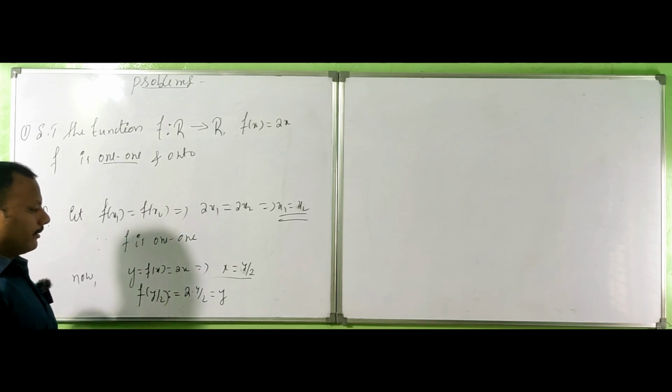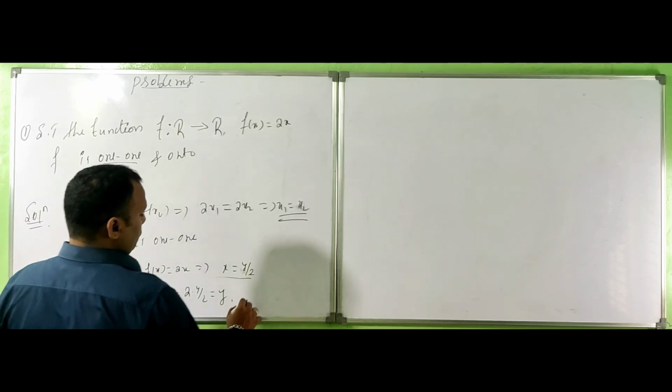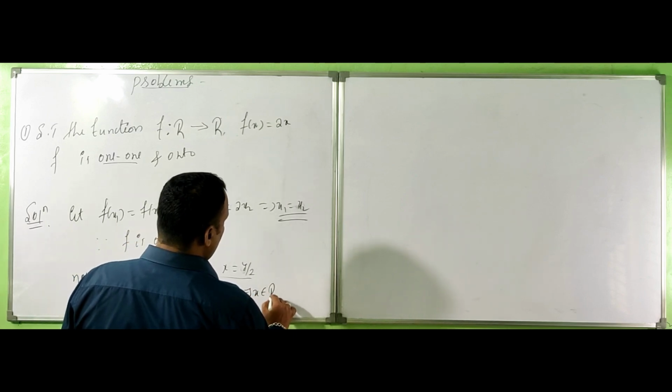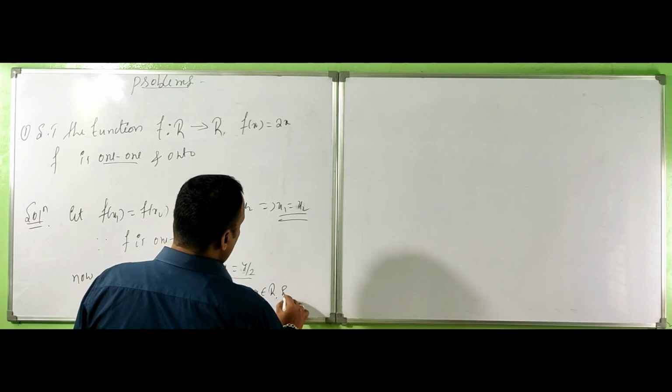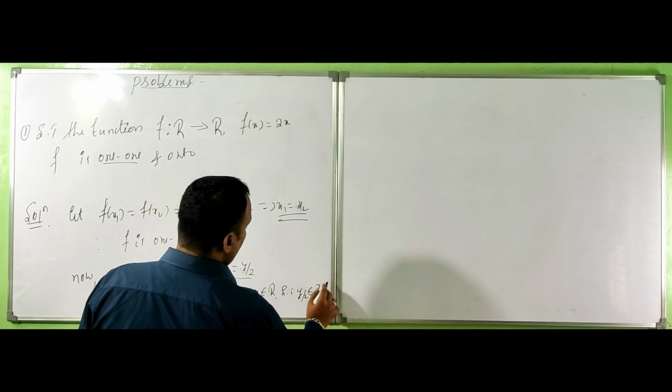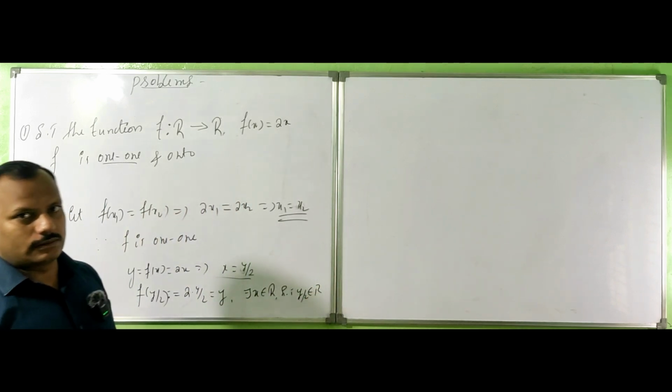Means for every element y, there exists x belongs to R such that y by 2 belongs to R also.